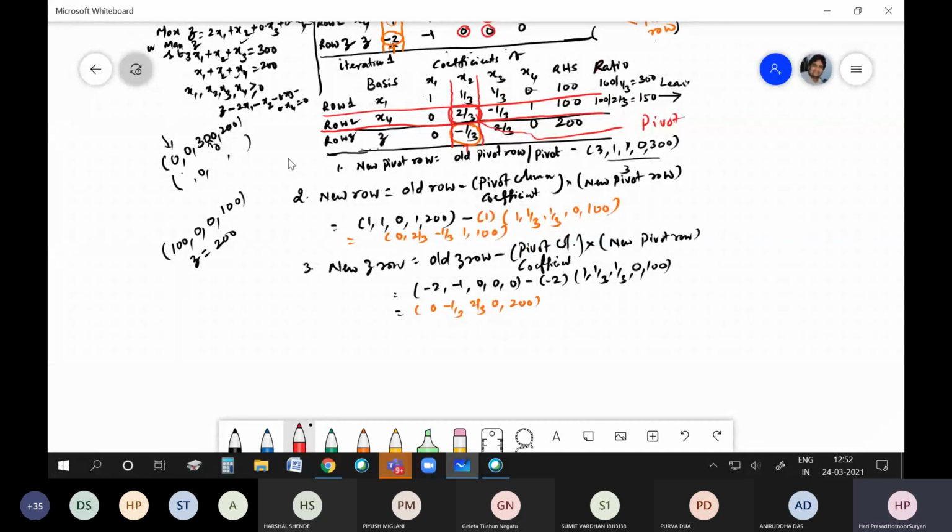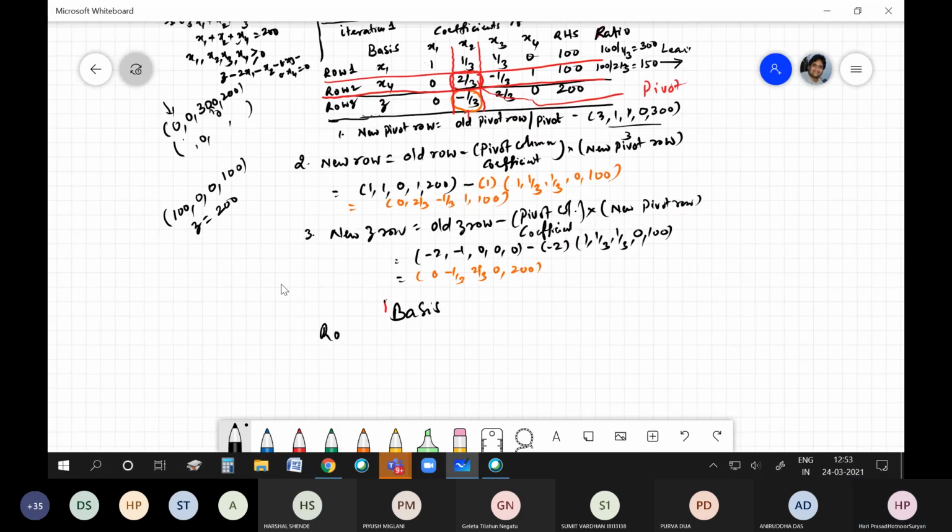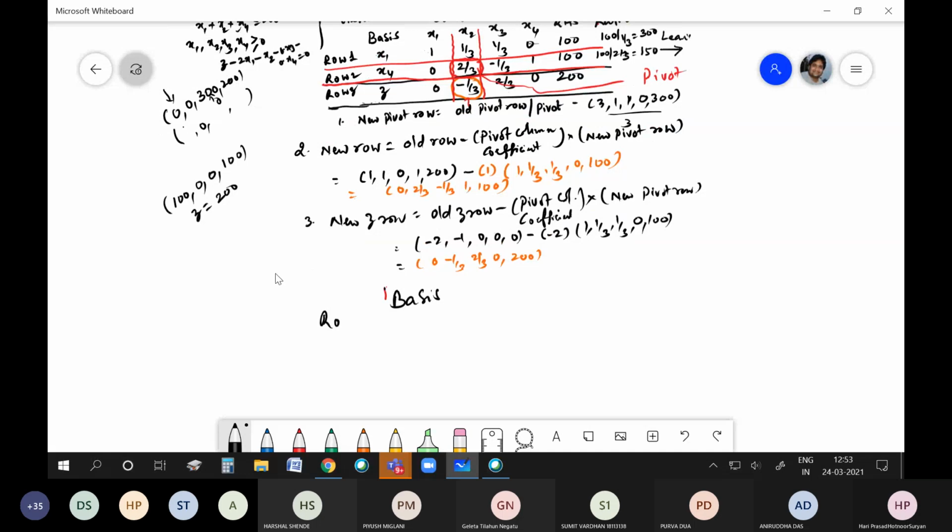So now again I will write the basis: row 1, row 2, then Z row. For row 1, what is the basic variable in the new table?